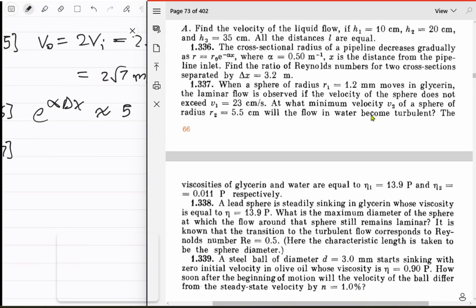You have a sphere moving in liquid and that causes turbulence. How do you measure that? I have no idea. How do I proceed now? What exactly is the Reynolds number going to tell us though?